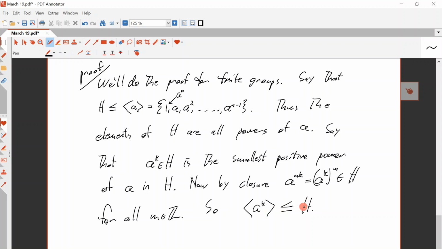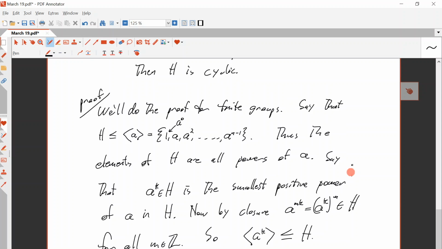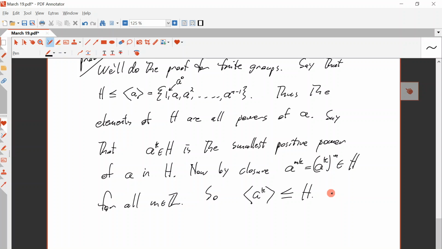So we have that the subgroup generated by A^k is a subgroup of H. We want to show that that's actually all of H.